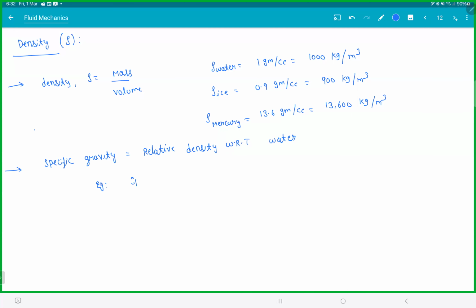Example, if they say specific gravity of gold, this is almost 19.3. That's it. They'll just say 19.3. The meaning of this is the density of gold is 19.3 times the density of water. That is 19,300 kg per meter cube. Gold is pretty dense.